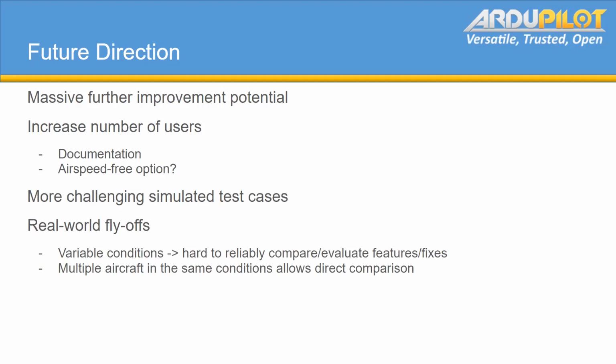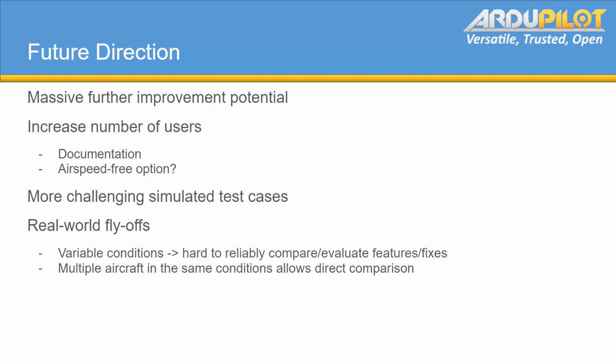And towards that, there's a few things I've been looking at. Improved documentation I've already mentioned, and I'll continue to work on that to make it easier for people to get into it. But also there's the potential for opening up to operation of aircraft which don't have an airspeed sensor, which is a current stipulation, that the aircraft must have an airspeed sensor. It may be possible to relax that, obviously with some performance decrement, but it might still be useful to get those users enabled.